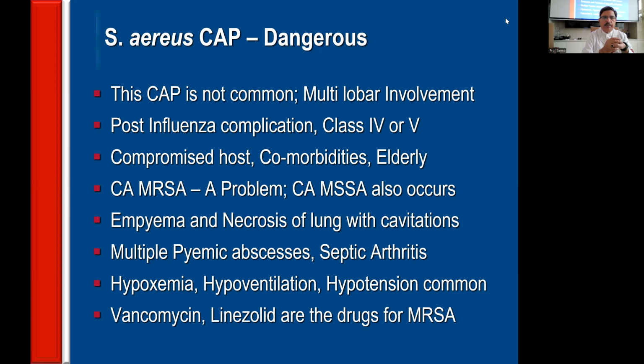A problem occurs, empyema and necrosis of lung with cavitation. Multiple pyemic abscesses, septic arthritis, hypoxemia, hypoventilation, hypotension are common. Vancomycin, linezolid are the drugs of choice. This is about Staphylococcus aureus, staph pneumonia. Staph pneumonia is not common but dangerous.